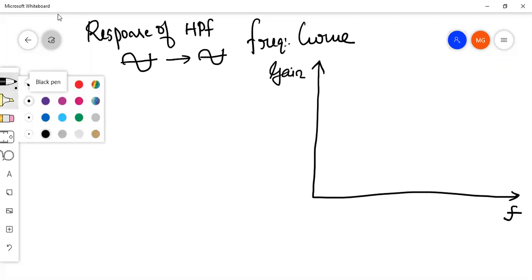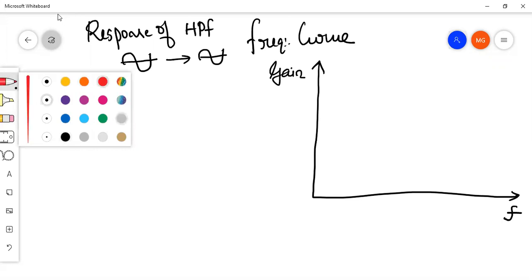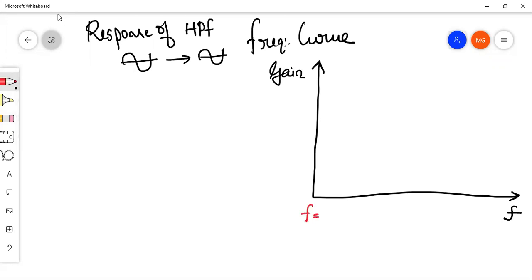I got 3 points: F equal to 0, F equal to F1, and F equal to infinity. What is the value of gain when F equal to 0? 0. When F equal to infinity, what is the value of gain? 1.